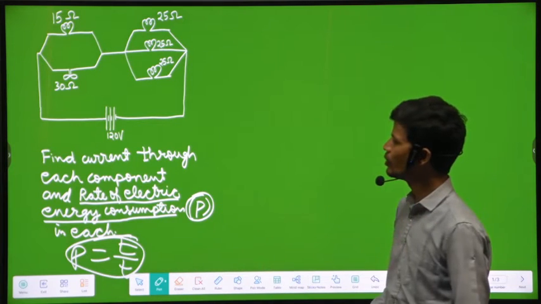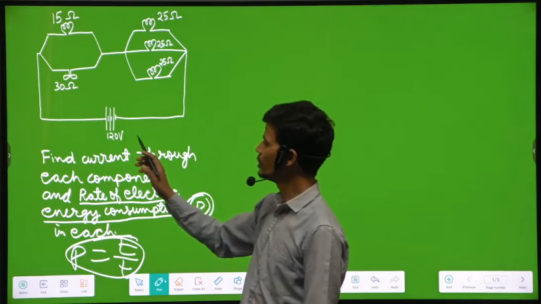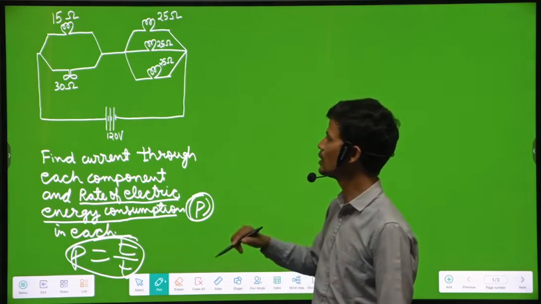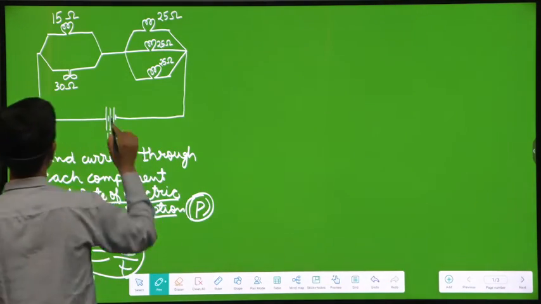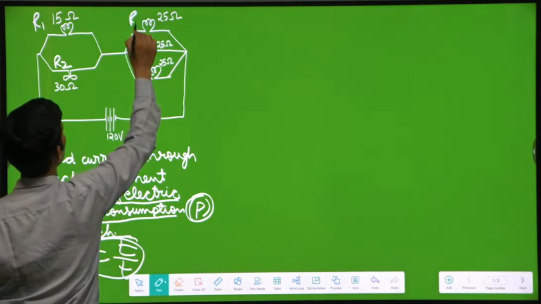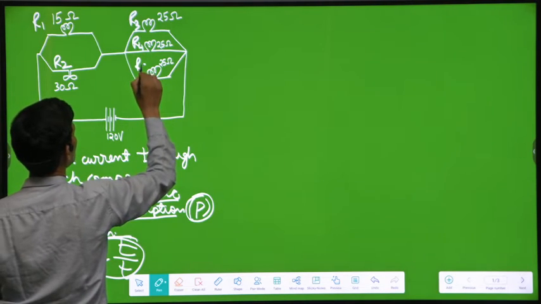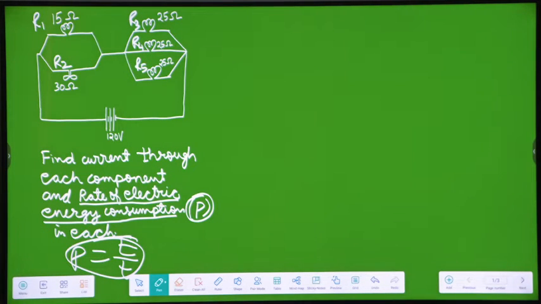So how are we going to do this? First, we have to solve this circuit, and first and foremost we'll just mark each one of them.